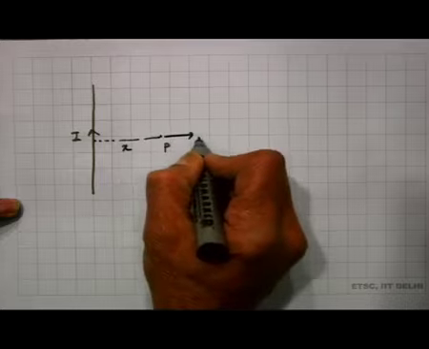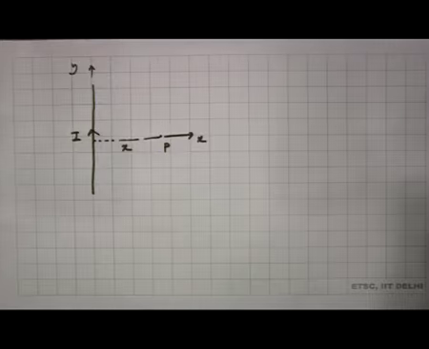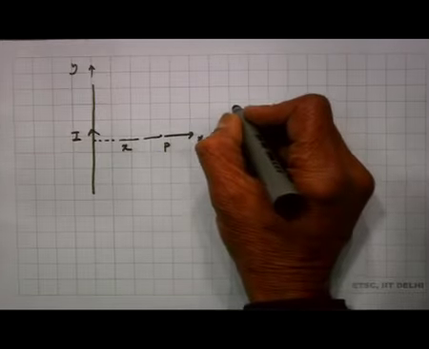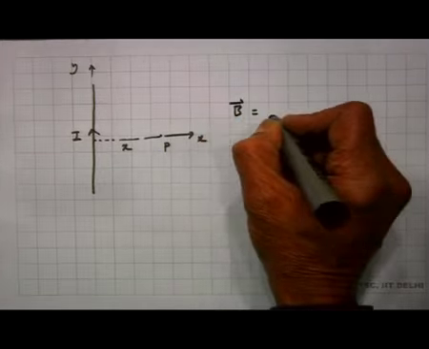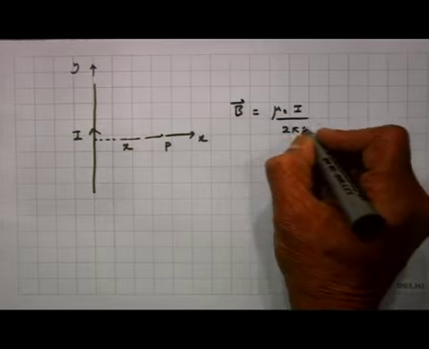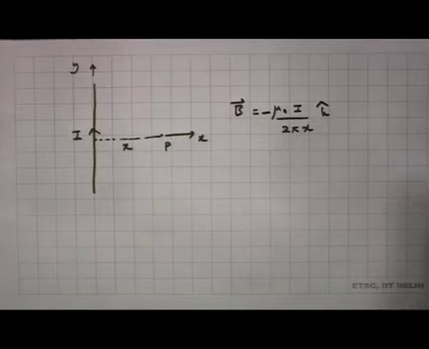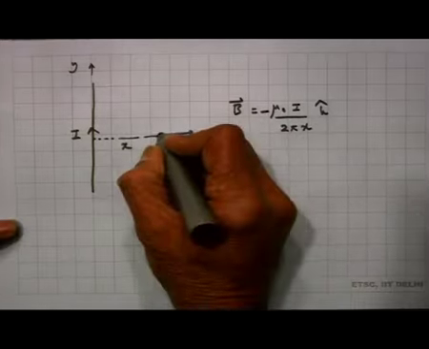So, we call this the x axis and this the y axis here, and we calculated and showed that the magnetic field B is mu naught I by 2 pi x times minus k. The magnetic field at this point is pointing inside the paper.